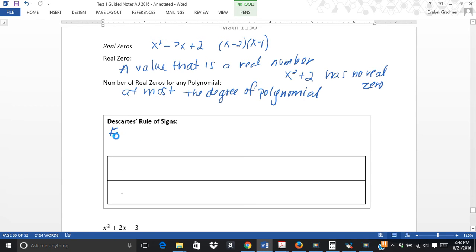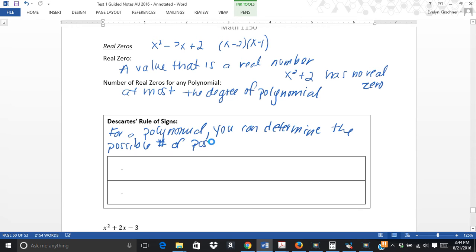So for a polynomial, by Descartes' rule of signs, you can determine the possible number of real zeros, actually positive and negative.